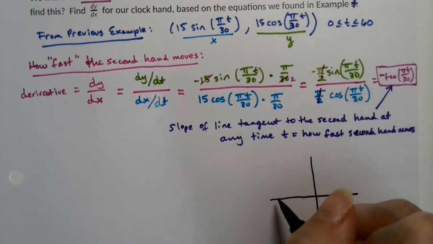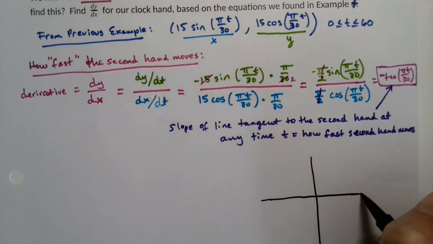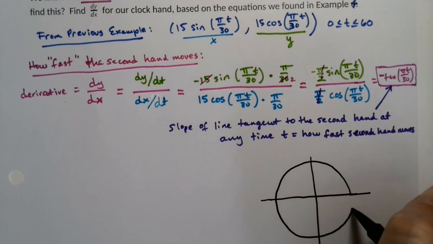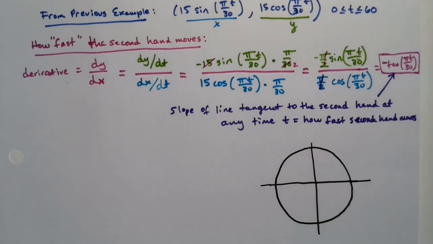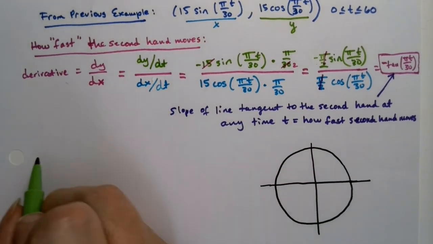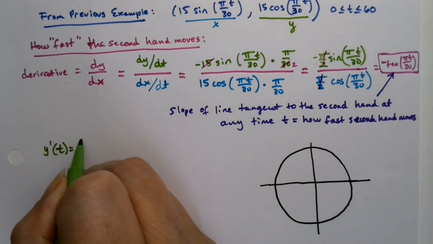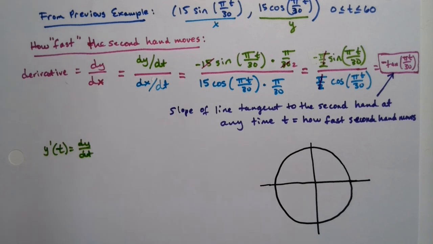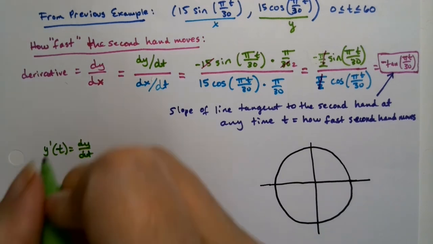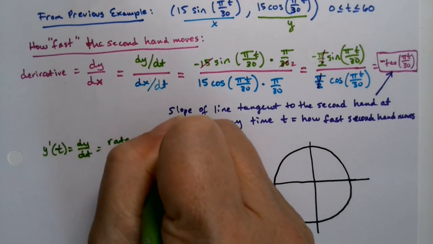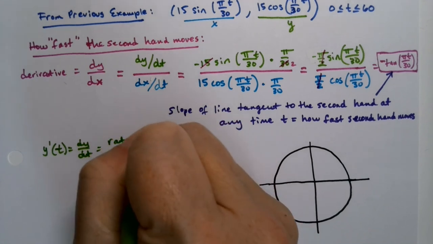Now let's consider what this means as we travel around the clock. So y prime, which is dy dt, is the rate at which the y coordinate changes.